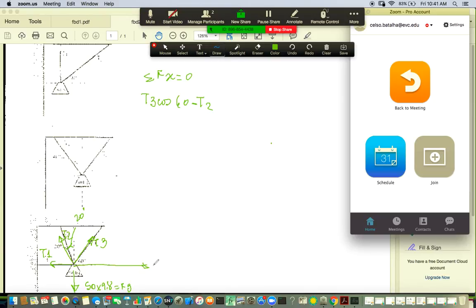I'm calling the x-axis positive, and the upward direction my y positive. So T3 cosine of 60 minus T2, as you said before, sine of 20, minus T1. T1 is totally in x. This is equal to 0.